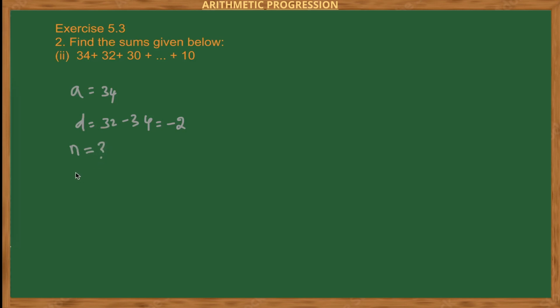So how do you find it? We can find N by this formula, An is equal to A plus N minus 1 into D.